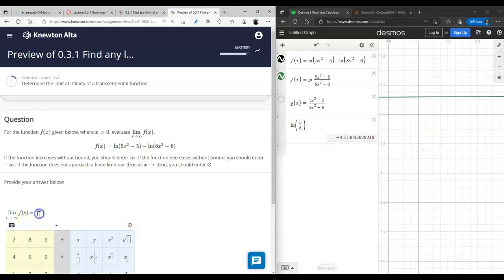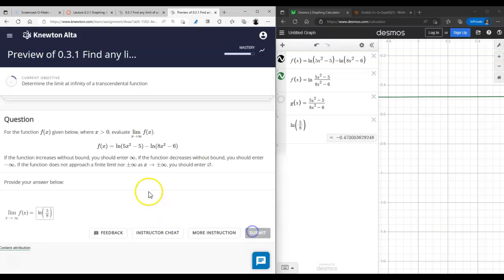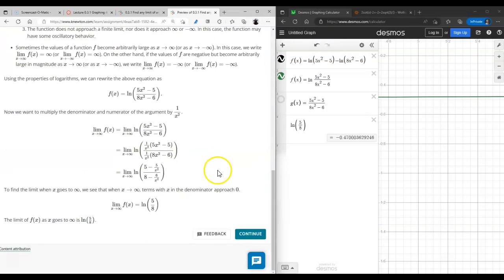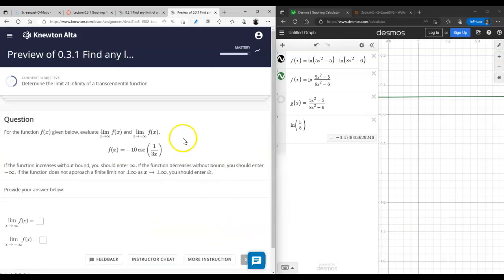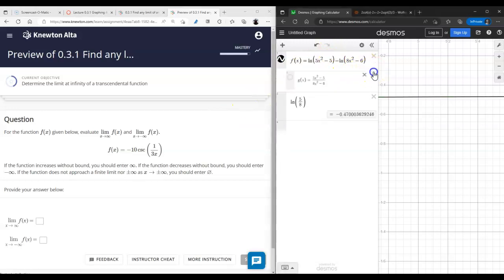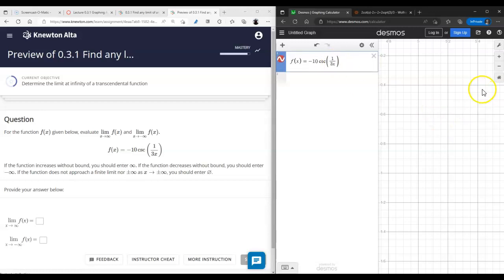So the correct answer is ln of 5/8. So this is where you have to have some understanding of what's going on, and analytical skill is still necessary sometimes. It would be nice if we could just avoid it completely, but that's not the case.